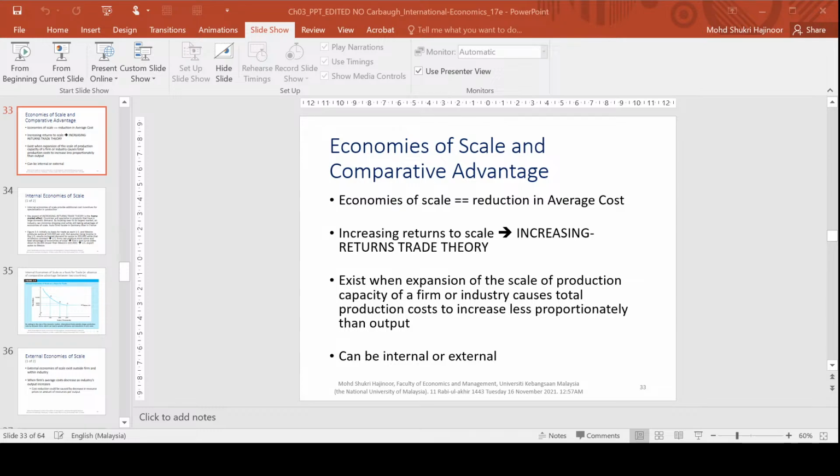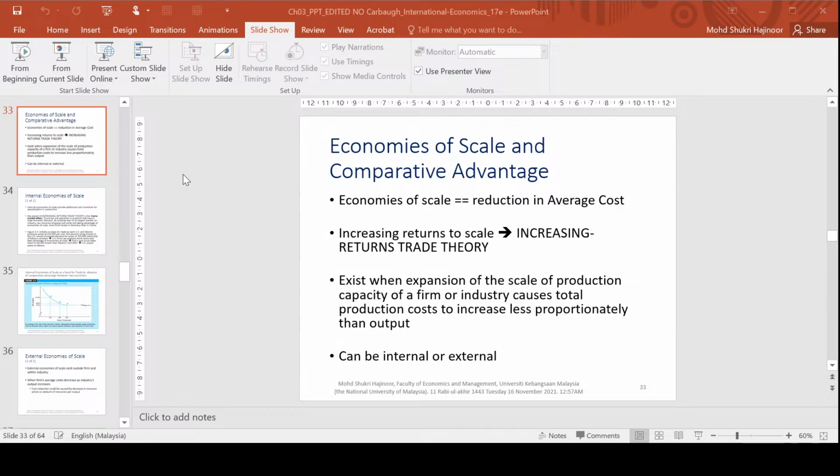But we're going to learn that the reason for trade, the difference that makes the two countries want to trade, can come through situations other than factor endowment.